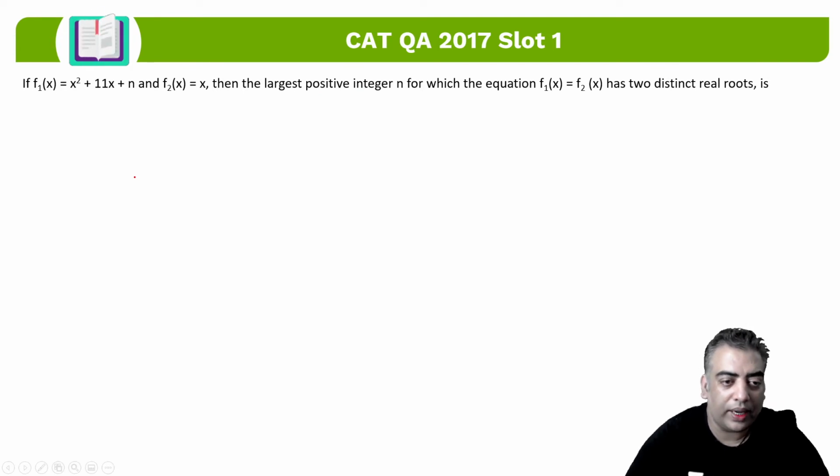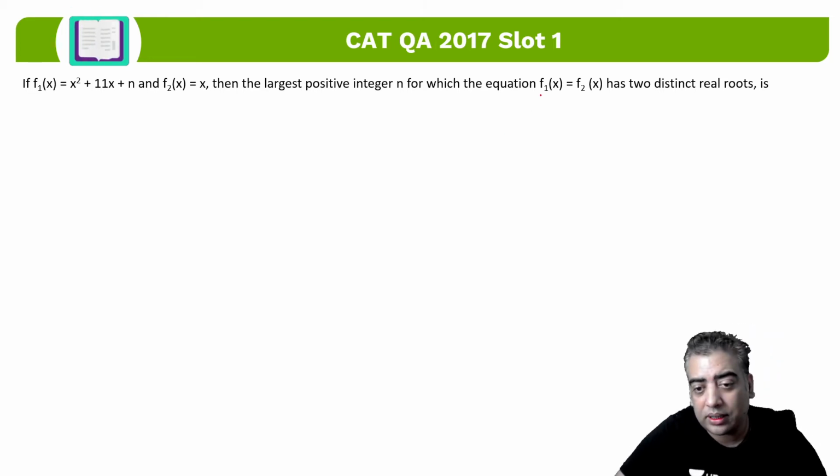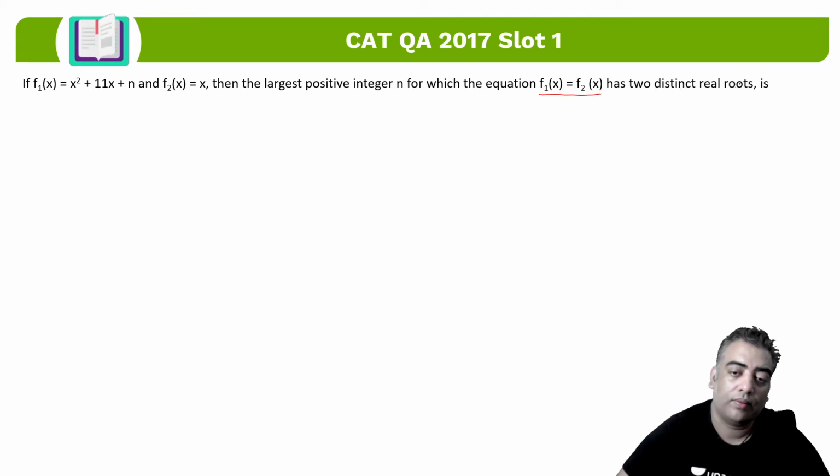Here it says f1(x) equals x square plus 11x plus n, and f2(x) is given to me as x only. He says find the largest possible positive integer n for which these two equations have two distinct real roots.